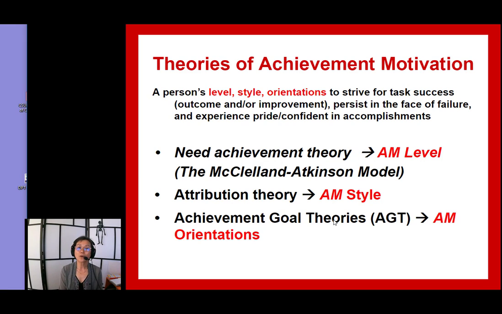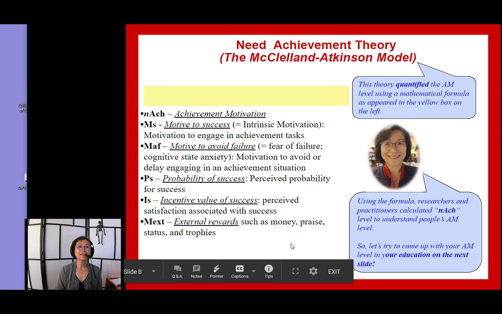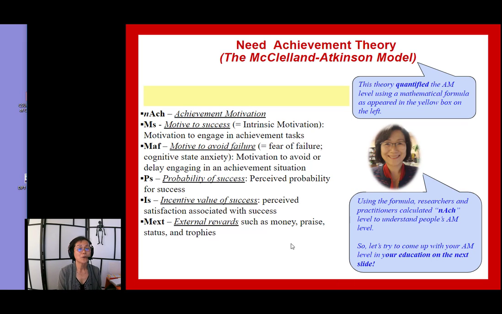Then achievement goal theory, which is another huge theory, very applicable in sports settings, is achievement motivational orientations, or some call it goal orientations. Okay, so I'm going to start with the first theory here, need achievement theory or McClelland-Atkinson model.